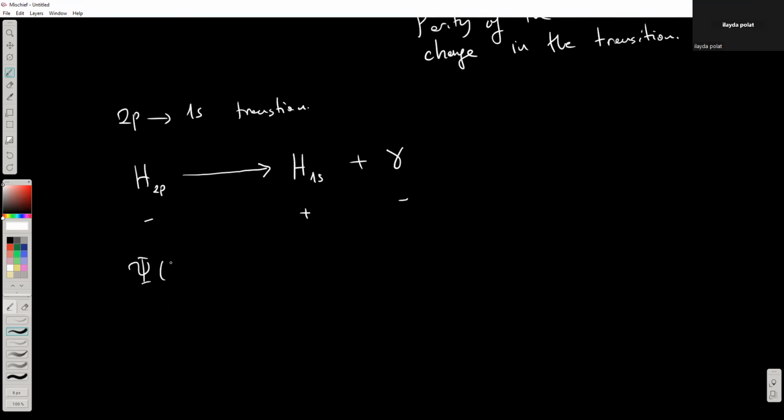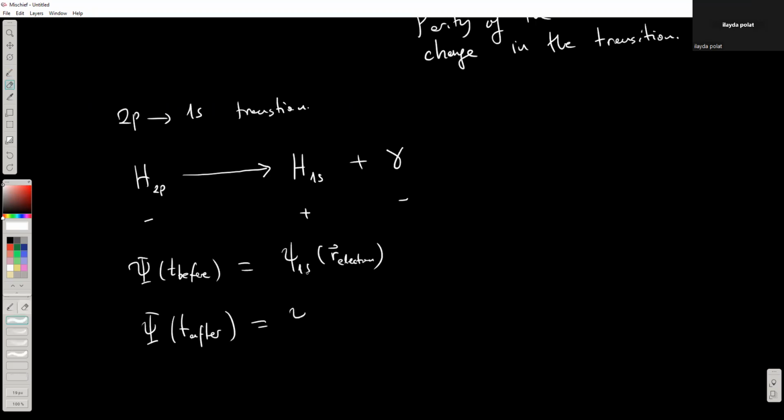So the wave function before the transition is basically the wave function of the atom in the 2p state, right? Let's just write this thing down. So that's the position of the electron, let's say. But the wave function after the transition is, sorry about that, the 1s state.